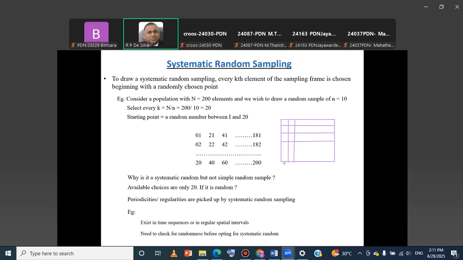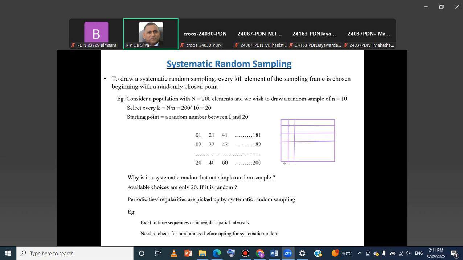Right? Now, if we want to take 10 samples, you can do it randomly. If you number these 1 to 100, you can take a random number.